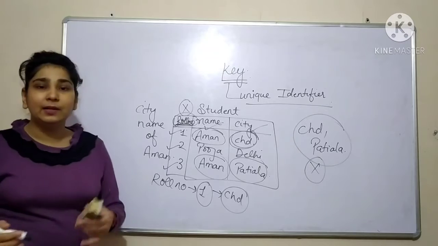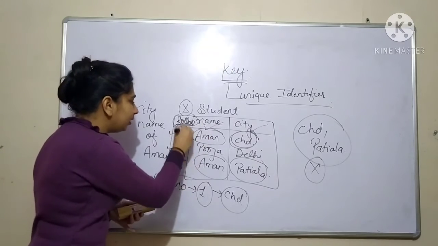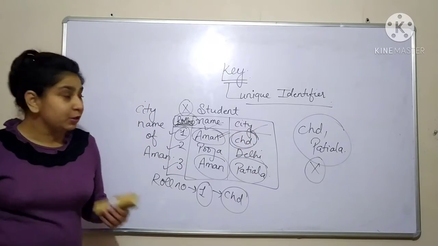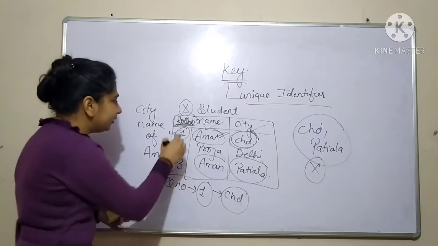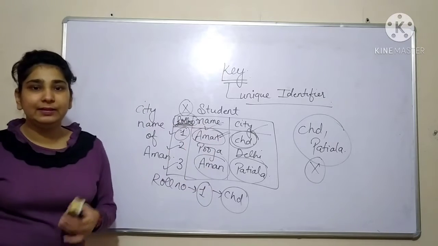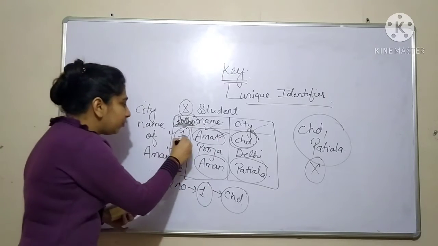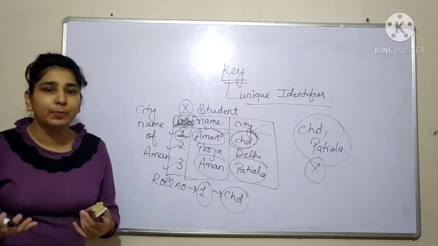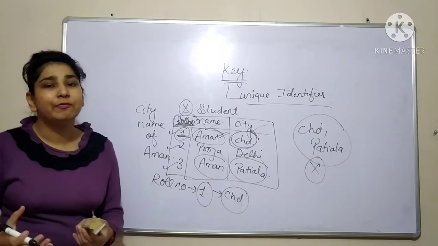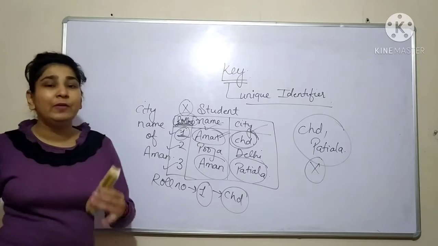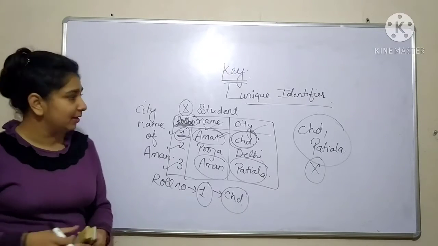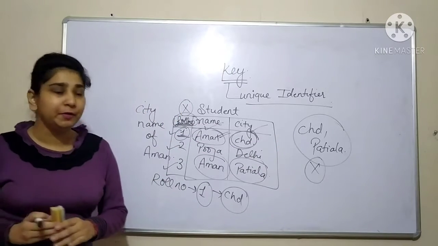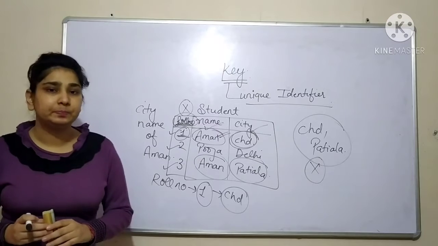If I say please tell me the name of roll number 1, you can say the name is Aman. That is the advantage of using key in tables. With the help of key attribute, we can determine each and every attribute value with a definite answer. We will not have any confusion like this case. This is the benefit of using key.